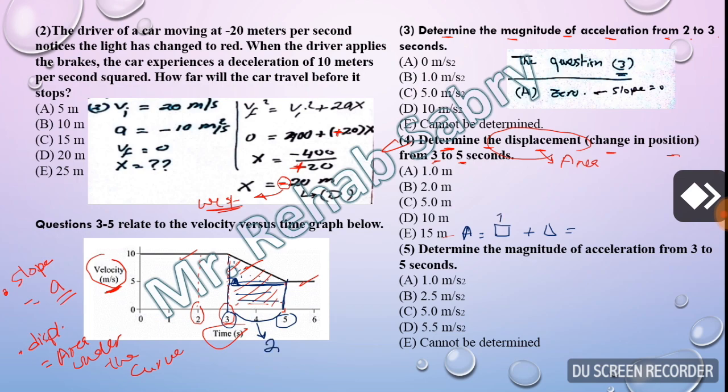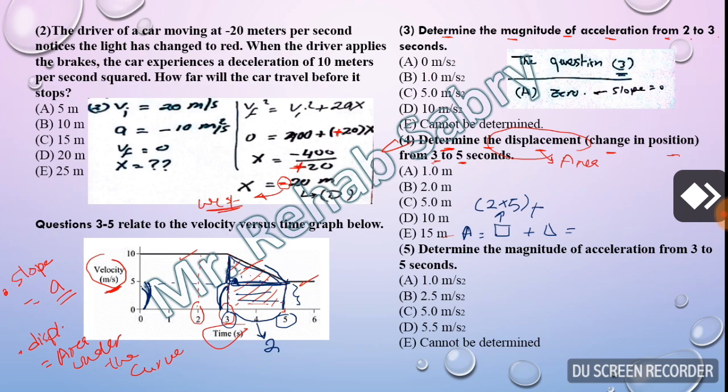The rectangle is length times width, and the width here is 5. So 2 times 5, plus the triangle.